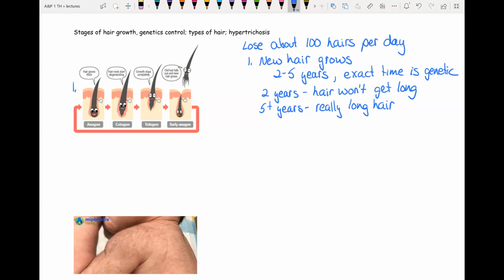So then once the hair is done growing, then it goes dormant. So it stops growing, but it is still in your head. And this will last a few months.